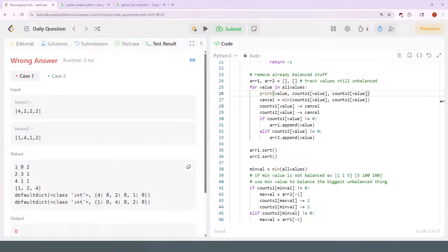Okay, there's two ones. Two. Okay, yeah. So counts one of the value, counts one, so counts two.